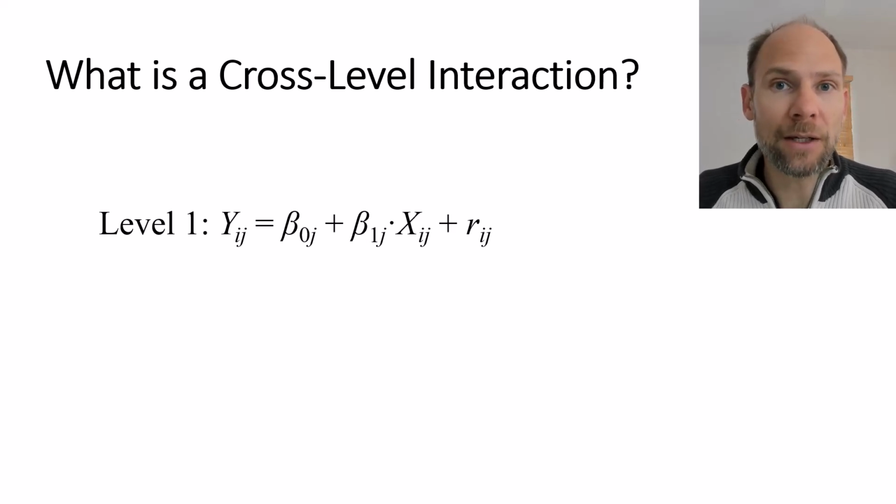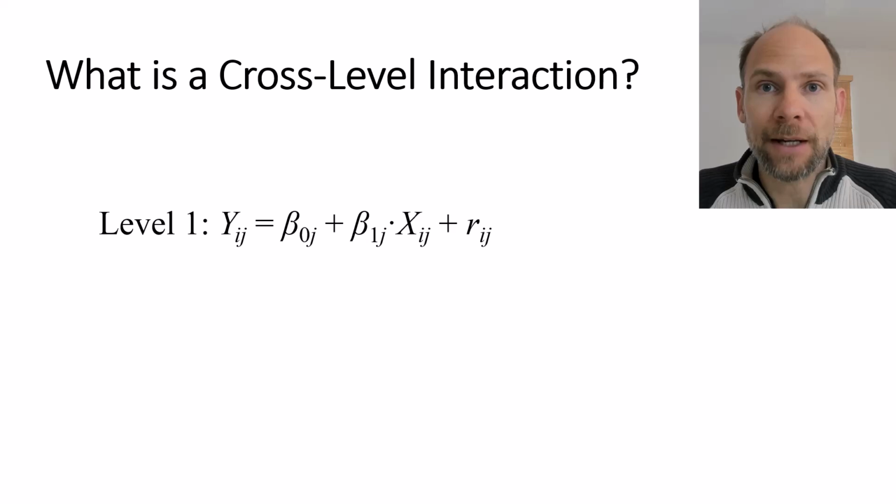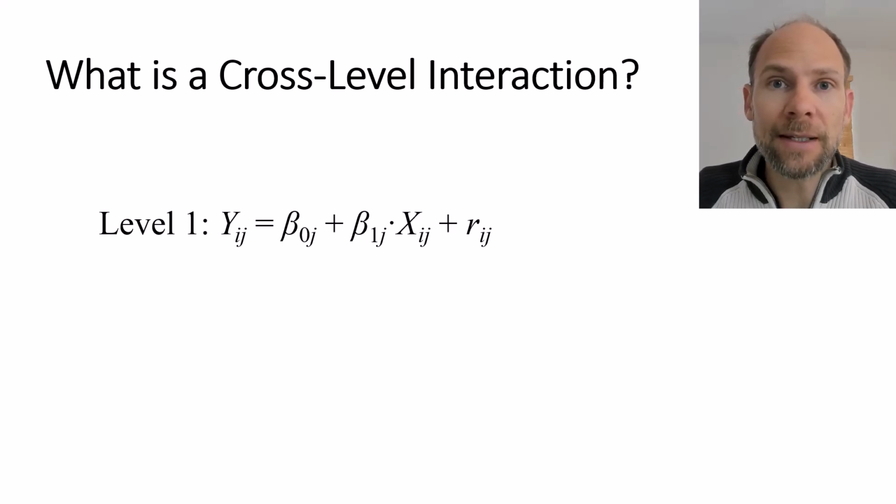What does it mean to have a random intercept and a random slope? It means that the values of beta 0 and beta 1 can vary across school classes. So each school class can then have a different intercept of this level 1 regression, and also could have a different slope of the regression of y on x. And that's why those are called random coefficients, because they can vary between school classes.